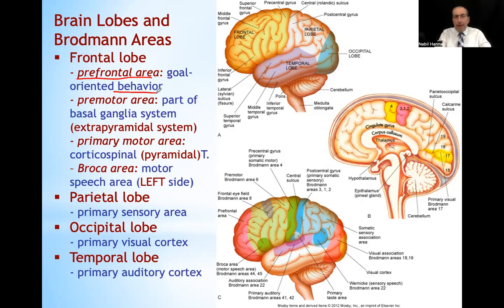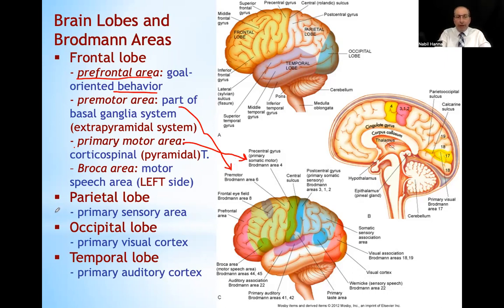And towards the back of the frontal lobe, at the border between the frontal and the parietal lobe, we have, in green here, the primary motor area. And right in front of it, in yellow, we have the premotor area.